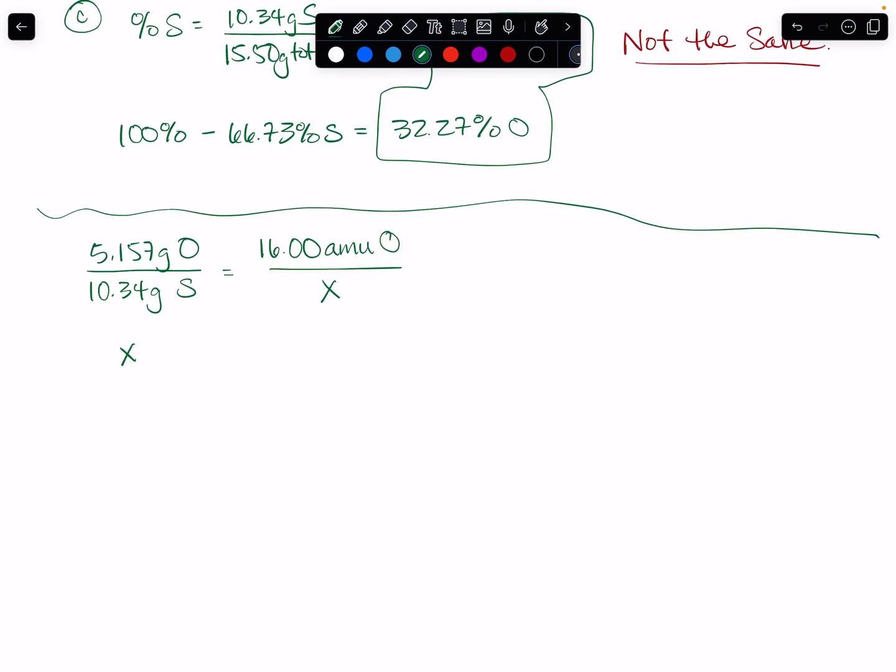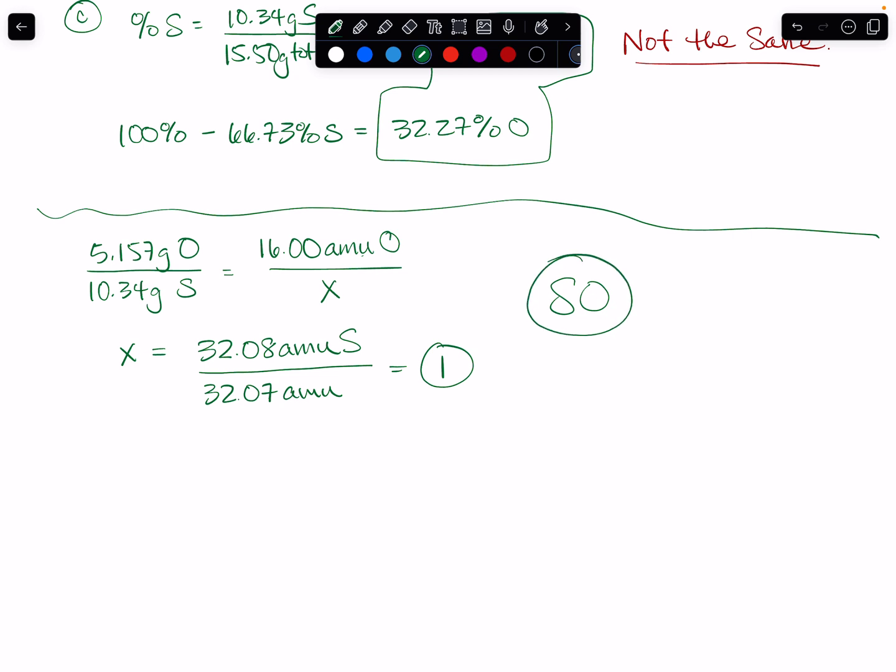I do my math, and I find that I have 32.08 AMU of sulfur. Now, I want to divide that by the mass of one sulfur atom, which is 32.07. I'm going to get a 1 here, which tells me that for every one oxygen, I have one sulfur. So my formula here must just be SO.